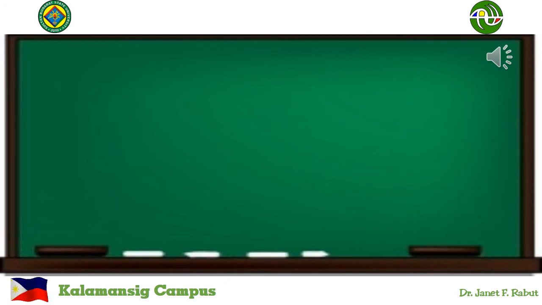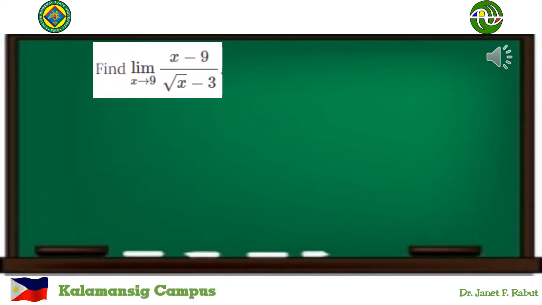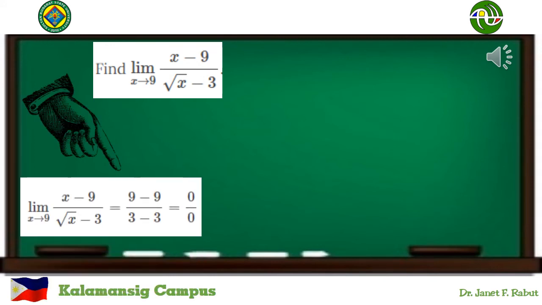Let's have this example. Find the limit of x minus 9 over square root of x minus 3 as x approaches 9. Again, the first thing we should do is to try substitution. Since this limit is in the form 0 over 0, it is indeterminate and tells us only that we have more work to do.